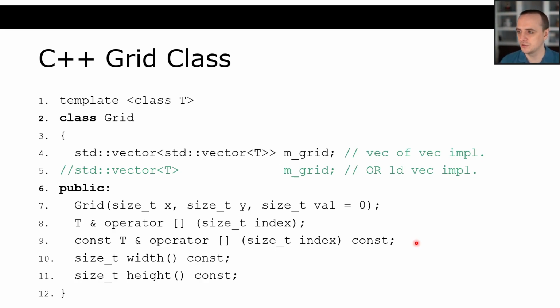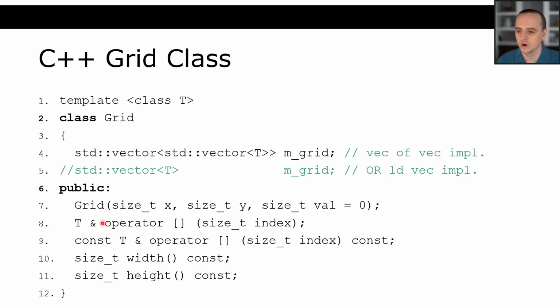Well, in assignment 2, what we're going to have is a grid class, okay? So a grid class is essentially a wrapper, or it's a class that is a 2D array, or a 2D vector. So what we're going to do is we're going to have a vector of vectors of whatever type. So this is a templated grid class that can store any type. So we could have a grid of integers, a grid of floating points, a grid of doubles or booleans or whatever we want.